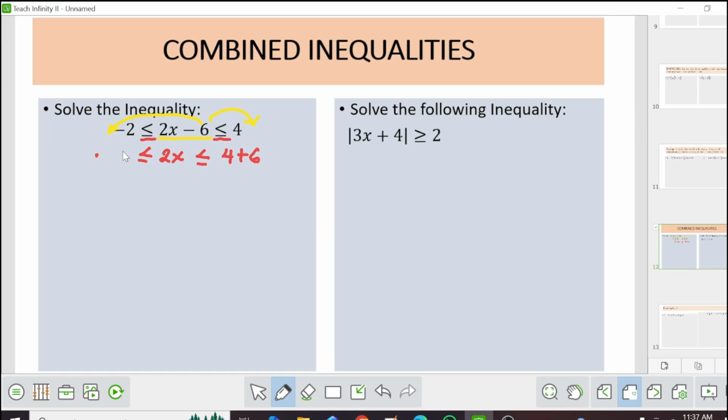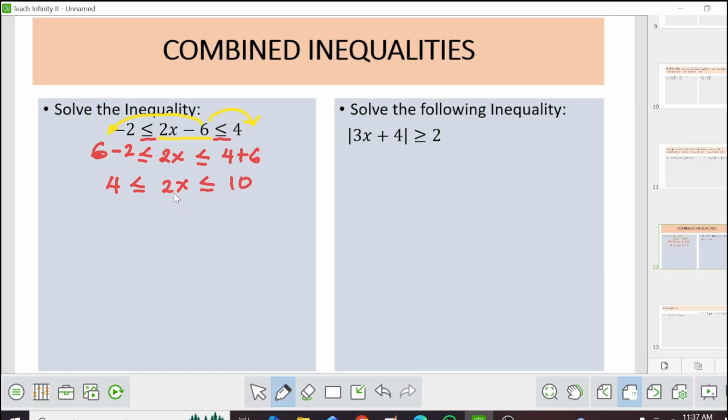The same applies to the other side: I have minus 2 there before, and when you subtract, this gives me 4 less than or equal to 2x less than or equal to 10.